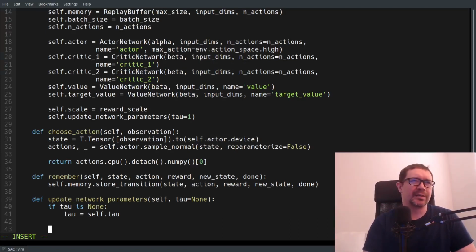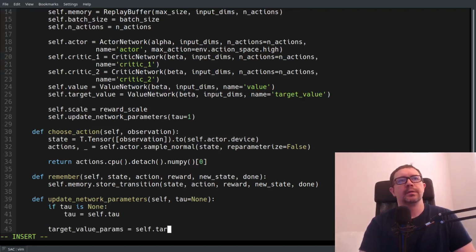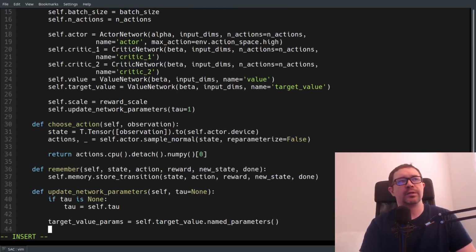And then my solution here is kind of ugly as well. So we'll say target value params. Basically what I'm going to do is create a copy of the parameters and modify them and then upload them.